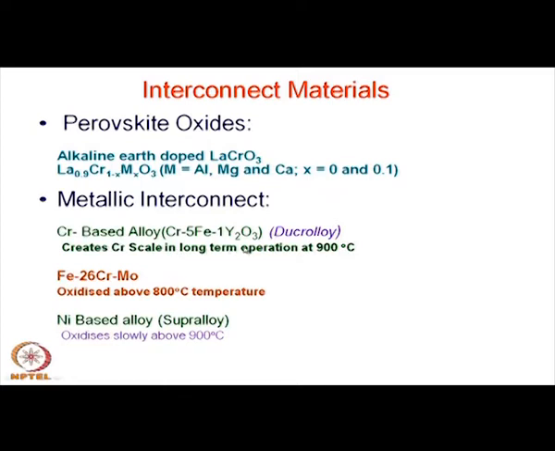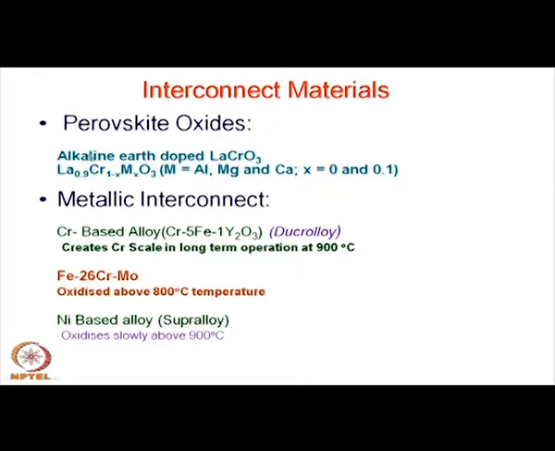Chromium oxidation takes place on the surface, and sometimes it is better, it actually stops further oxidation of the same metal, but once again the chromium creates problems so far as the cell components are concerned. So, another material has also been used, which is oxidized again at about 800 degrees centigrade, and this is iron 26% chromium molybdenum alloy.